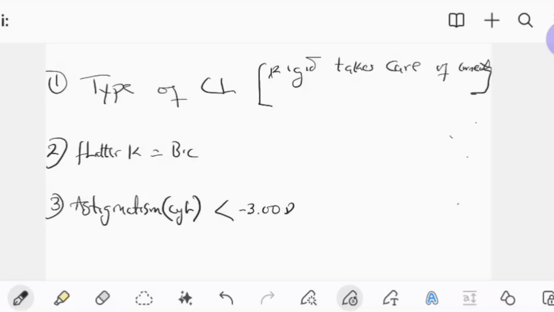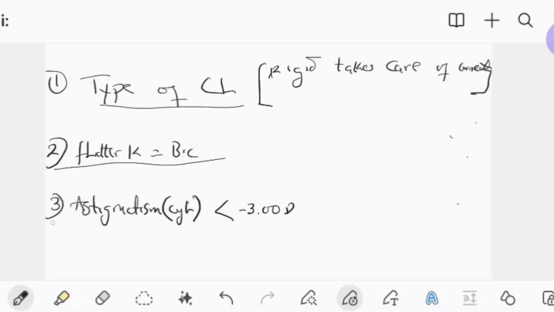Okay, and secondly, for us to neglect or take care of that -2.50 cylinder in the prescription, we need to consider these three things. One, the type of contact lens. Is it a rigid contact lens? If it's a rigid contact lens, we are good to go. The second thing you should look at is whether the flatter K equals the base curve. If the flatter K equals the base curve, there is nothing to worry about. But if the flatter K is not equal to the base curve, that means you have to add the difference to the contact lens prescription.